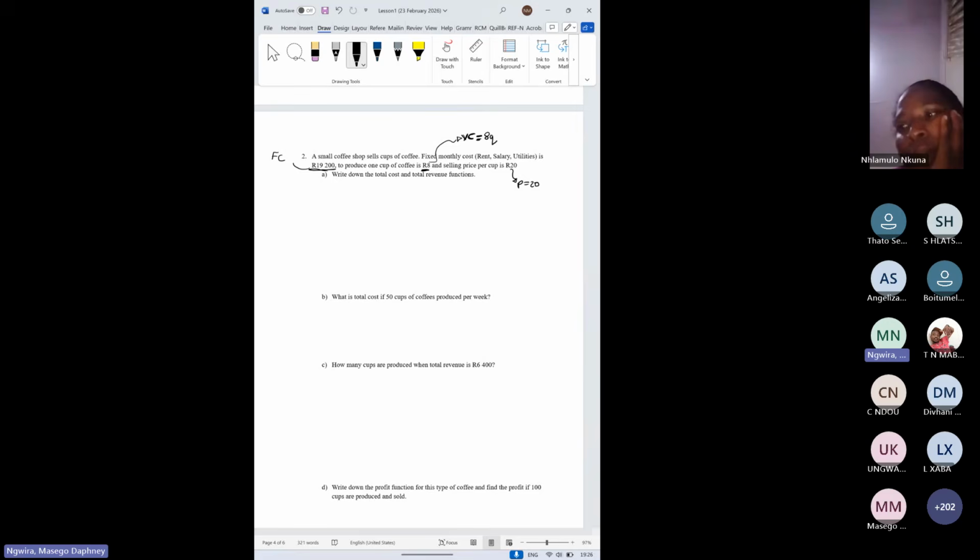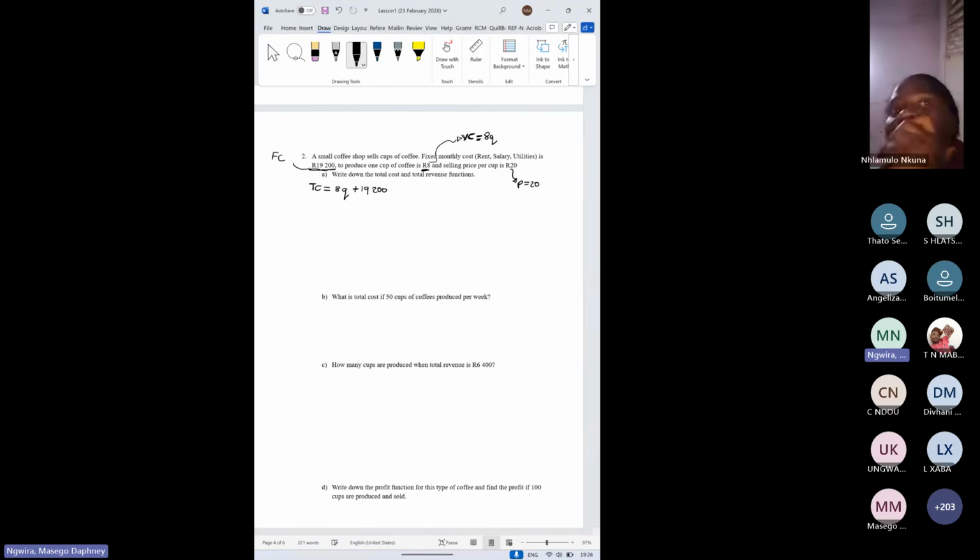All right. So total cost, we all know how to do it. We said that total cost is equal to your variable cost plus your fixed cost, or you can say fixed plus variable. It doesn't really matter. So it's going to be 8Q plus 19,200.